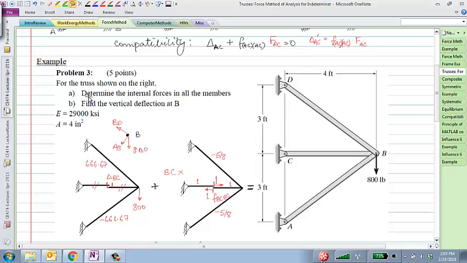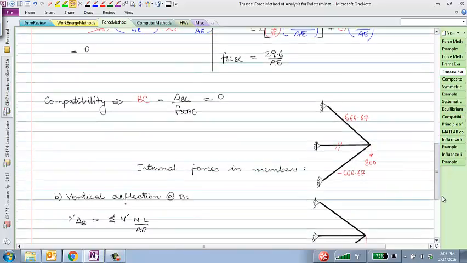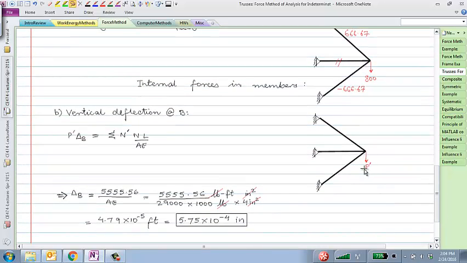So we have just determined all the internal forces in all those members. The second part of the problem says what is the vertical deflection at B? How do you do that? Virtual work method on the indeterminate structure now, right? So virtual work method on the indeterminate structure, indeed I would apply a P prime here.